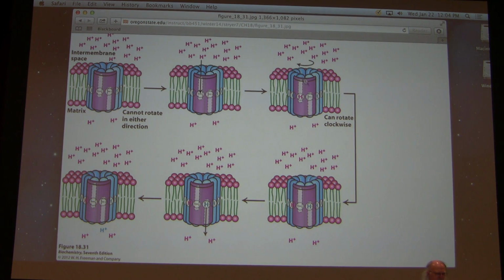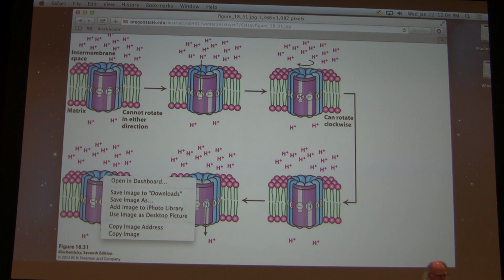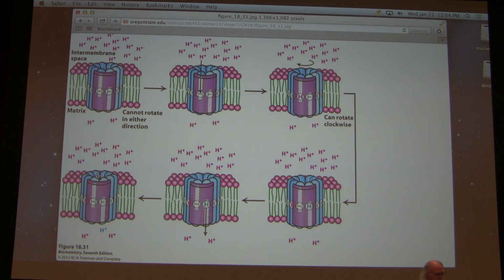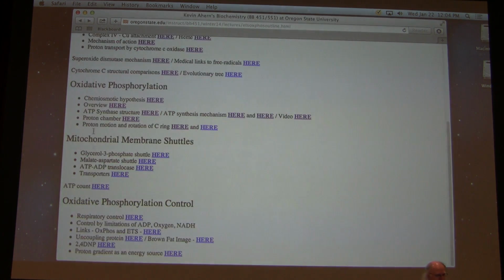And it causes the gamma chamber to rotate, which in turn is causing the proteins around the gamma chamber to change. It's a little confusing the way it looks here. But as a result of the movement of the protons, the gamma chamber in the middle rotates and the ATP is synthesized.